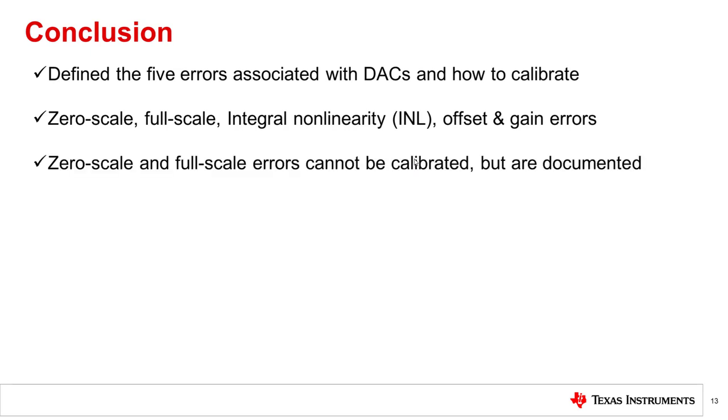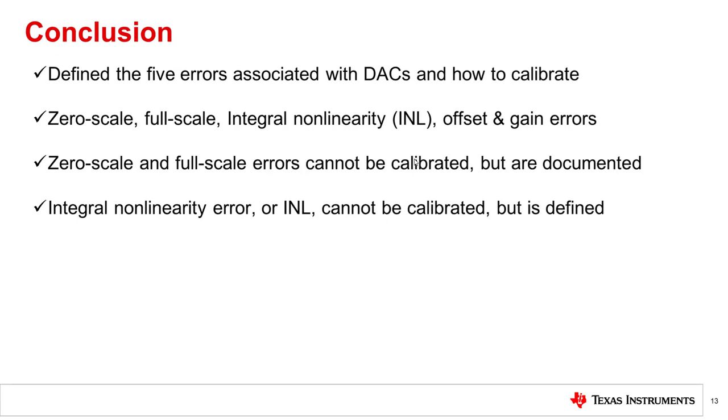That zero-scale and full-scale errors are inherent, localized endpoint errors that don't affect the entire transfer function or the DAC's performance, and that while zero-scale and full-scale errors cannot be calibrated, their error variables are defined and documented within each product datasheet. That integral nonlinearity error, or INL, is an inherent error for each DAC that can also not be calibrated but is defined in each datasheet.